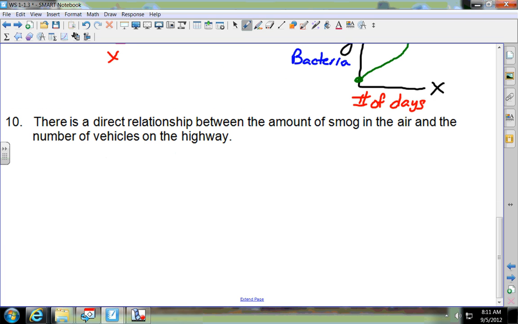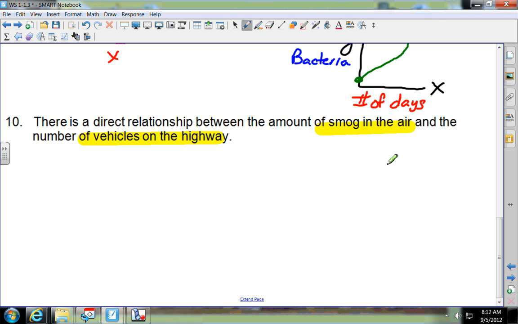Okay, let's look at the next one. There is a direct relationship between the amount of smog in the air and the number of vehicles on the highway. Smog is the stuff that comes out of the car, the exhaust fumes, and it pollutes the air.